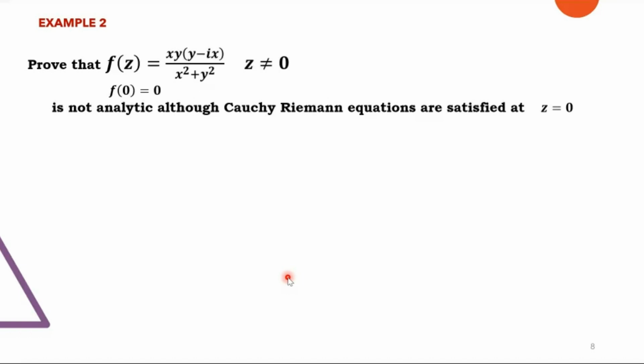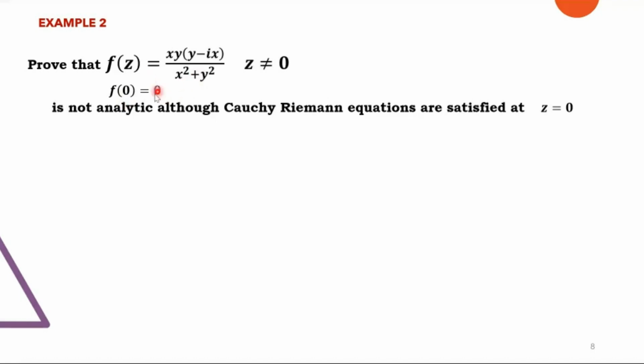Okay. Again, the function is defined in two intervals. One is when z is not equal to 0, the second one is when z equals 0, that is f of 0, which means the value of z is 0. So when z is not equal to 0, we have this as f of z, and when z equals 0, f of z equals 0.